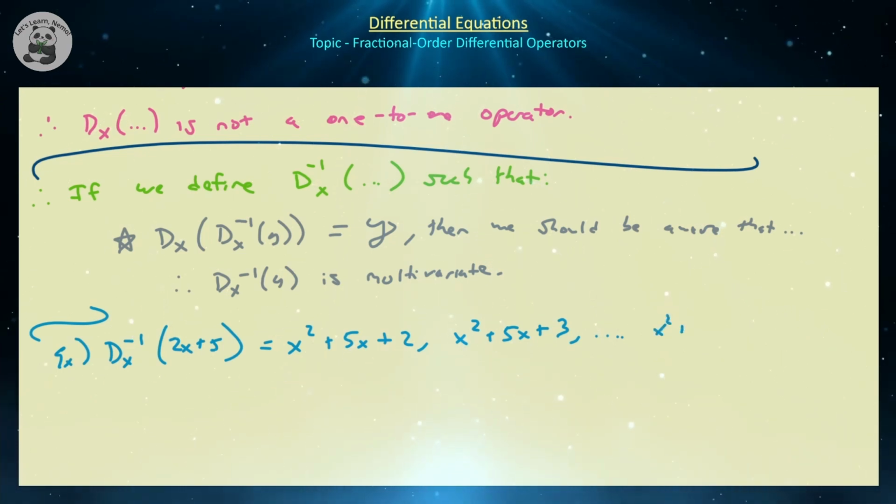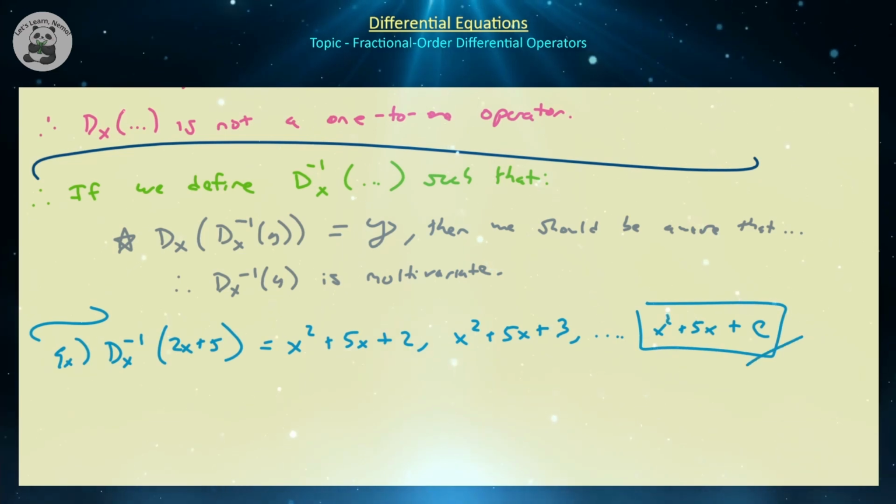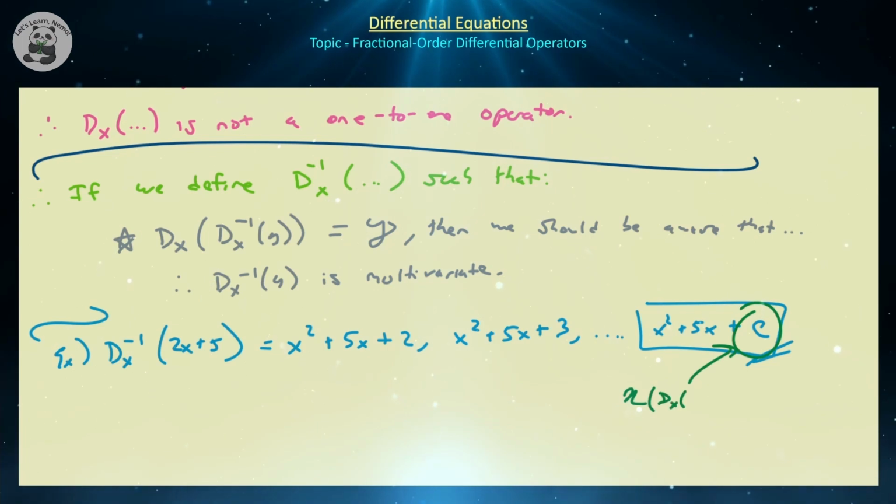Generally speaking, x squared plus 5x plus c. That's usually what we refer to as the general solution of that expression. And this object here, this c, that's obviously the null space of this differential operator. Trivially, right? Because that's what goes to 0 when you differentiate it, right?